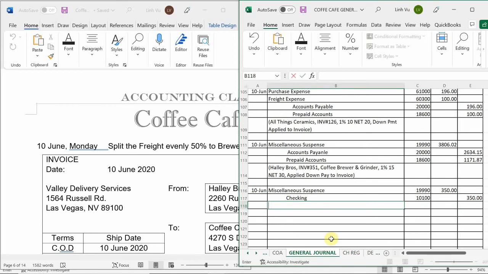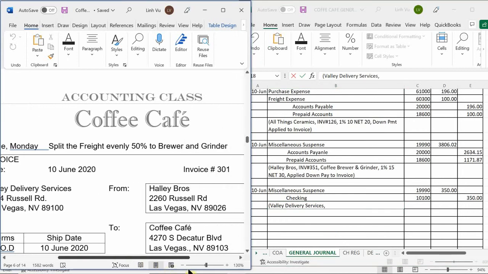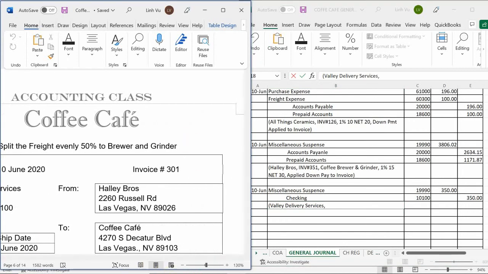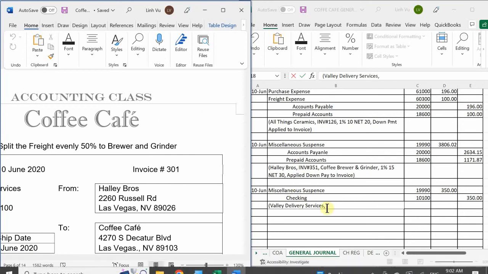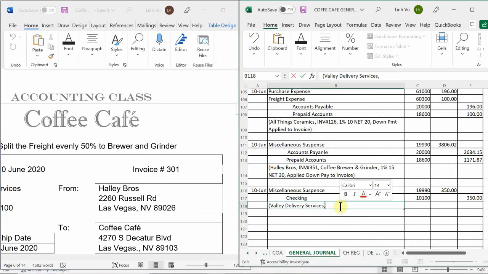We received a bill from Valley Delivery Services. Right? What was my proof of a transaction? The invoice. Invoice number 301. This was cash on delivery.